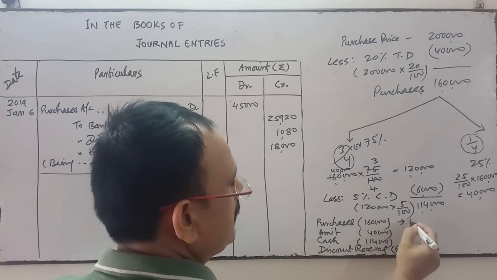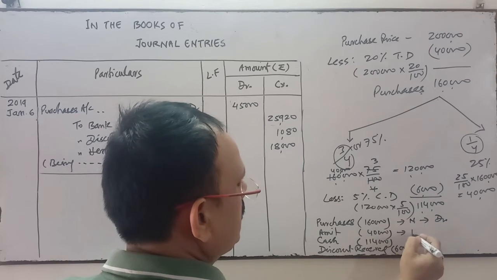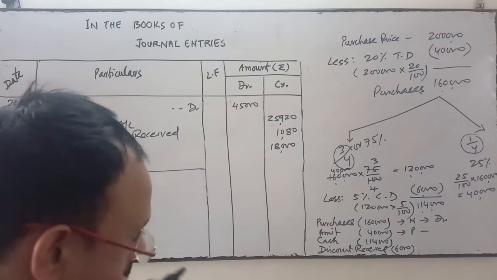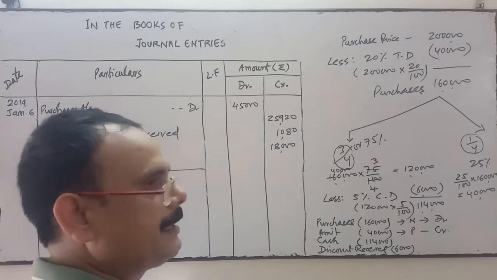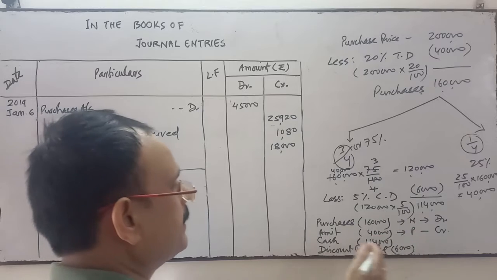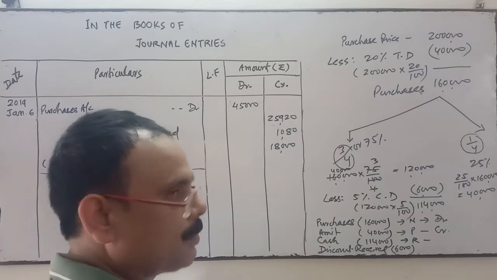Now, purchase comes under nominal, all expenses debit. Amit comes under personal. We purchase the goods from Amit, so Amit is the giver. Debit the receiver and credit the giver. Amit is the giver, so his account will be credited. Cash comes under real account. What comes in is debit, what goes out is credit.